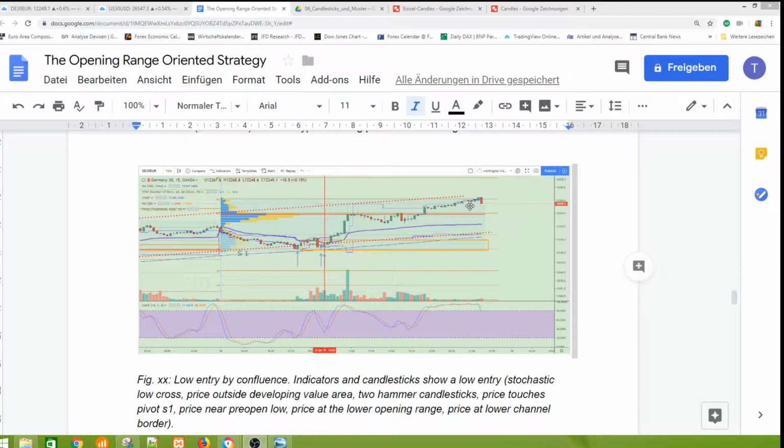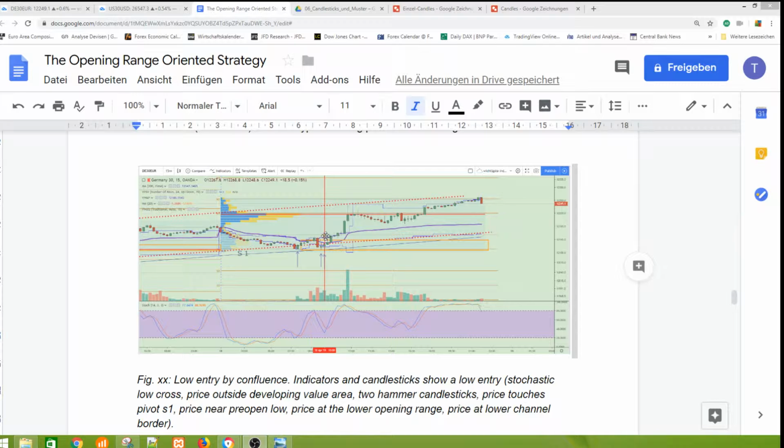These blue lines include 70% of the volume of the traded price per volume, and the price is extraordinarily cheap if it is outside. Here it is extremely expensive because it's outside above. Outside below is extremely cheap.